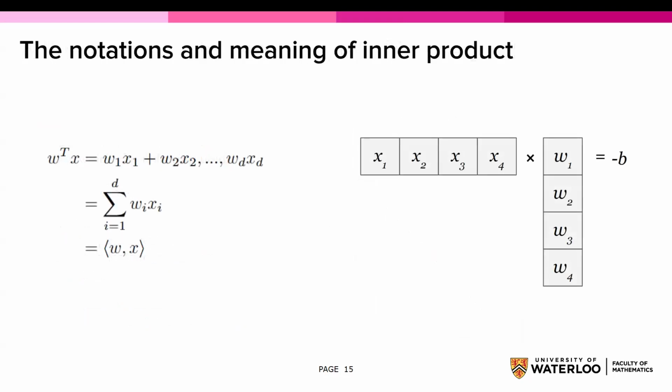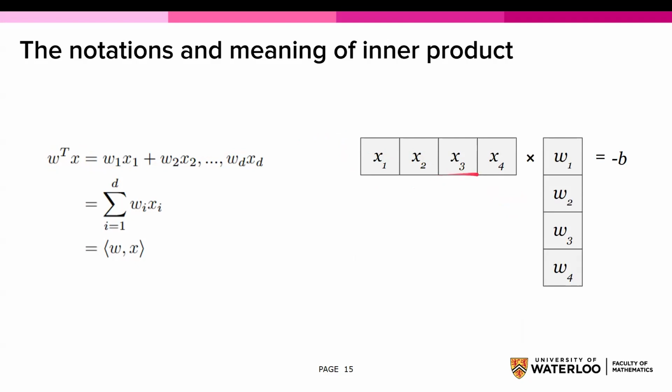The inner product operation will come up a lot in this course, and will sometimes be presented in different ways. So before we move forward, I'll just present the ways that you might see it in your textbook. What w transpose x means is that we turn the weight vector 90 degrees and then do an element-wise multiplication between the elements of the two vectors and then sum up the results. This transpose is necessary to get the inner dimensions of the matrix to line up.